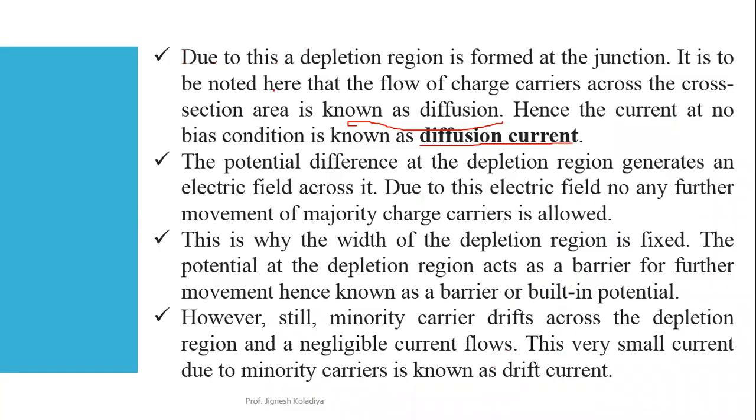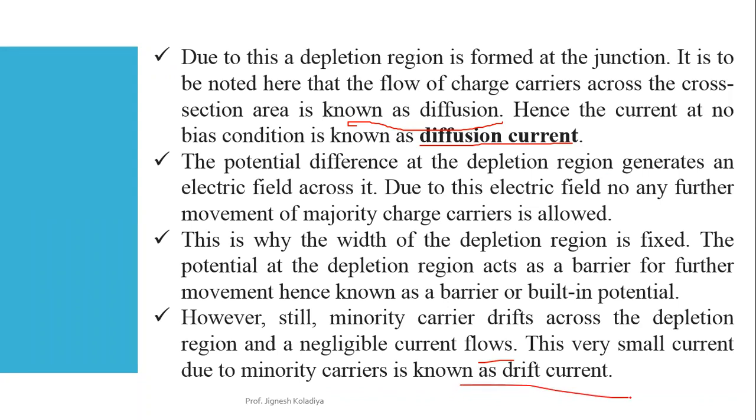However, minority carriers still drift across the depletion region and a negligible current flows. This very small current due to minority carriers is known as drift current.